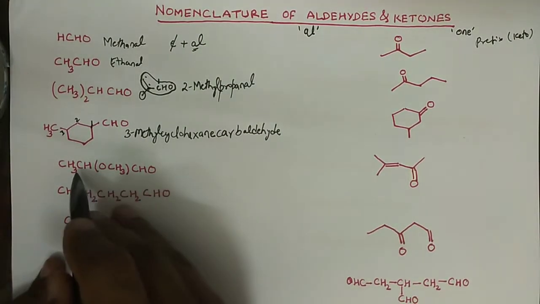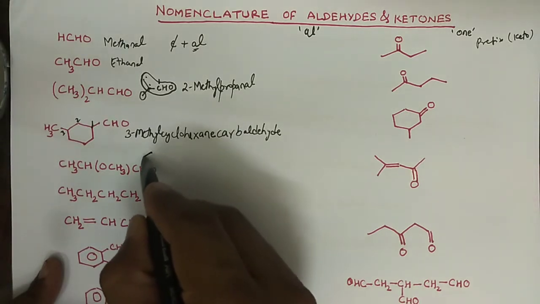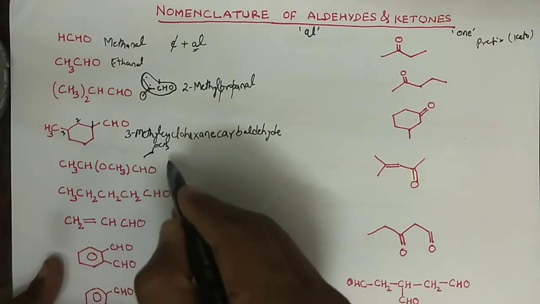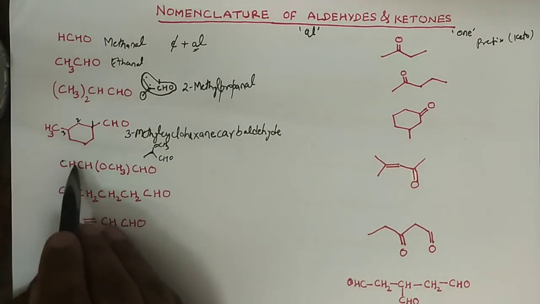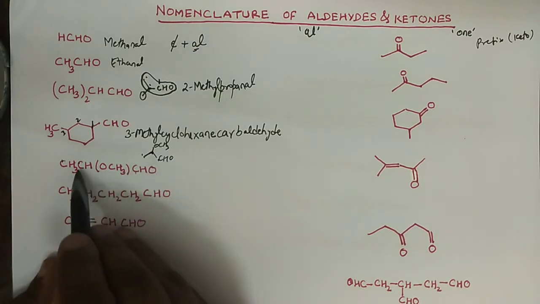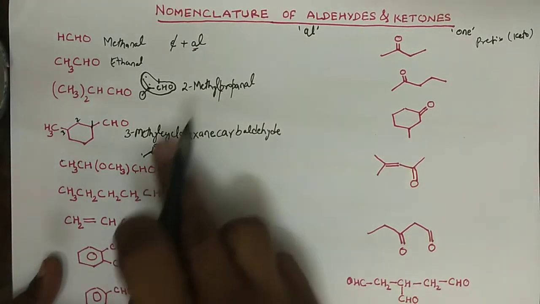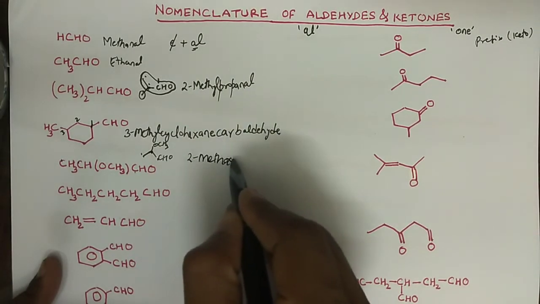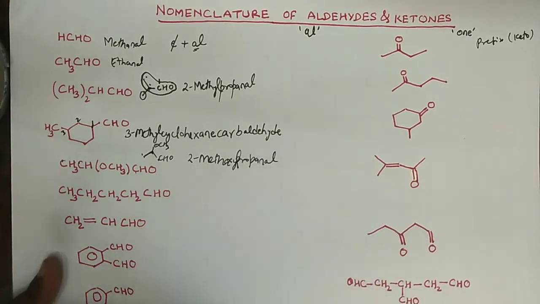Now here we have another compound, CH3CH, and again you are going to draw CH3, this is CH3, this is CH, right? And then here is OCH3, and then again CHO. Now count: 1 carbon, 2 carbon, 3 carbon, and on the second carbon we have a methoxy group. So what will be the name? Just like this, we will have 2-methoxypropanal, right?